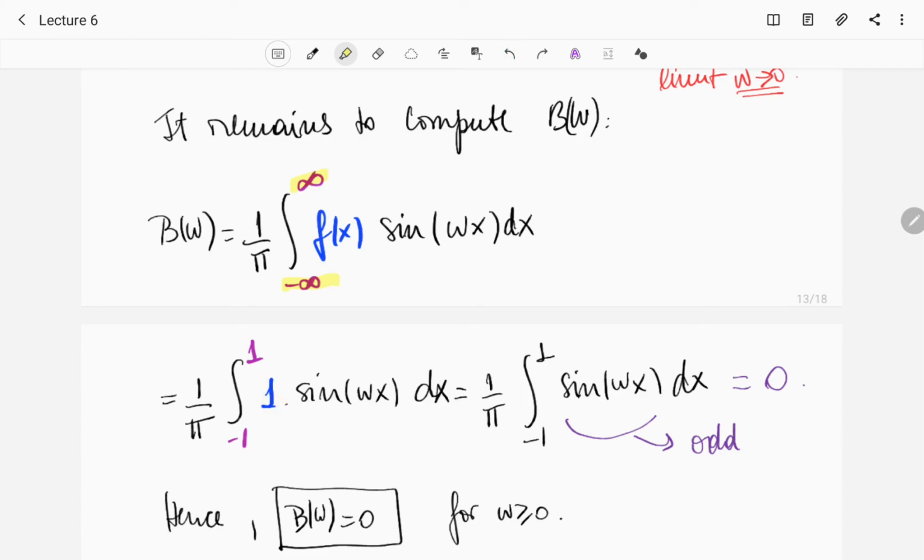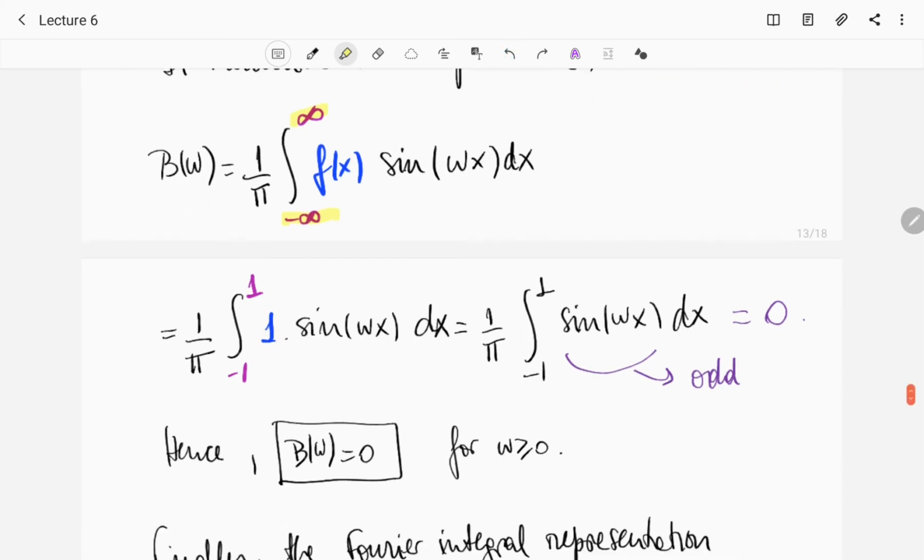So we have this other integral, and now we are lucky because the function sine is odd, and we are in a symmetric interval, like minus 1, 1 in this case, so this integral is just 0. So b is 0 for every value of omega.